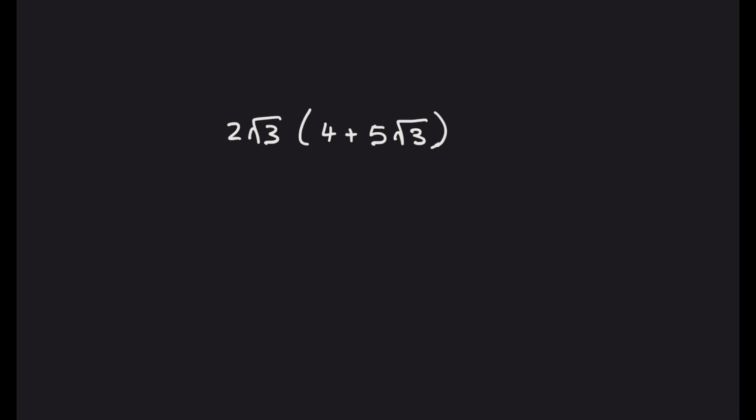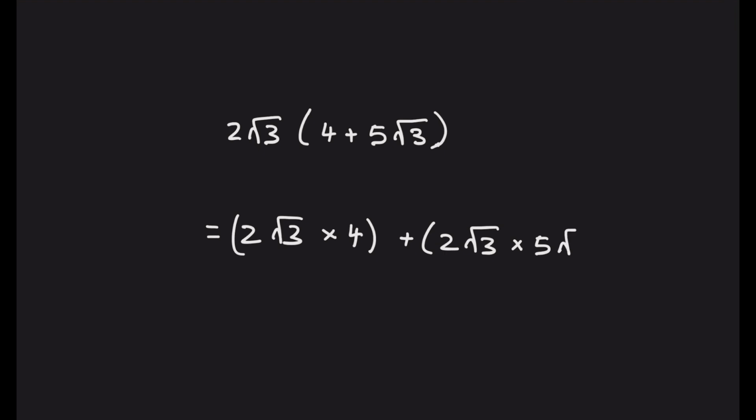So let's see what that looks like. How about we skip no steps at all? 2 root 3 times 4, plus, I'm going to put brackets because it's very confusing to look at like this, 2 root 3 times 5 root 3. Remember, it's the distributive property. We're multiplying it out like this.